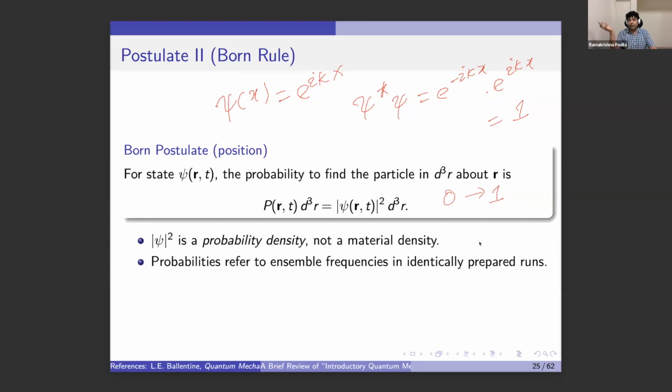So psi square cannot be negative, and it cannot be more than 1. It is giving you some sort of probability. So psi square is giving you a probability density. It is not a material density. It is not that the same material is spread out. It is giving you the probability of finding the electron in this particular part of the screen versus in that particular part of the screen.